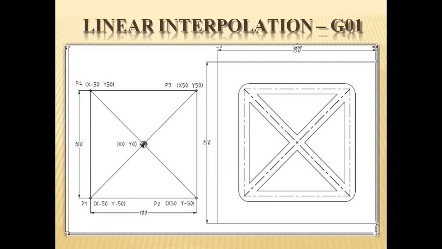Here, let us take an example of linear interpolation, that is G01. In the figure there is a 100 by 100 cross section. Here X we are taking 50 and Y we are taking 50. Why? Because linear interpolation means the cutting axis will move only in linear motion.